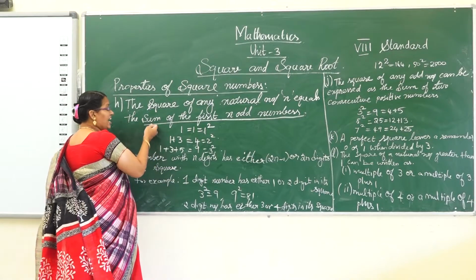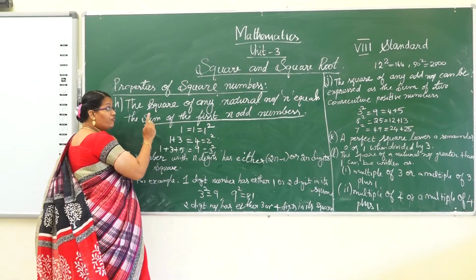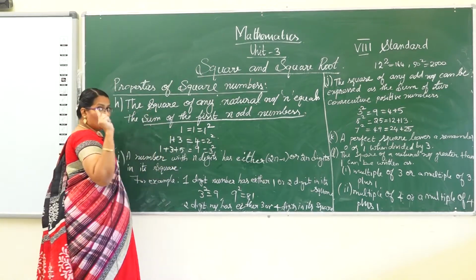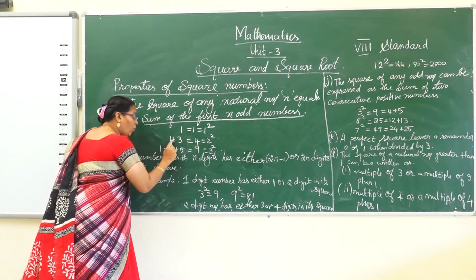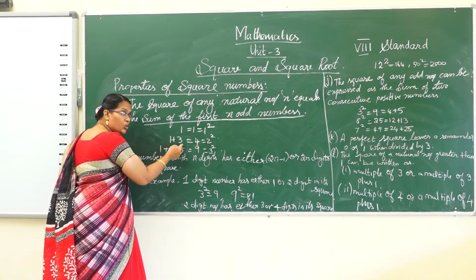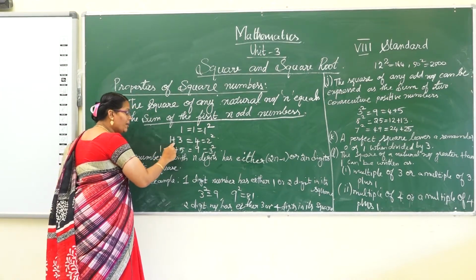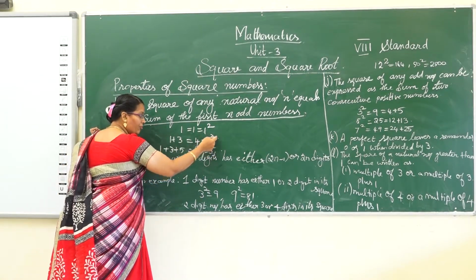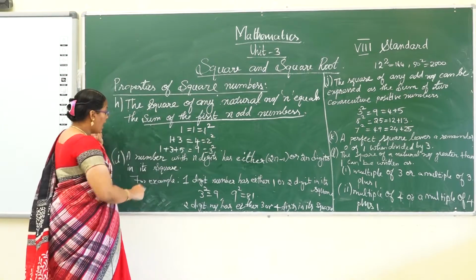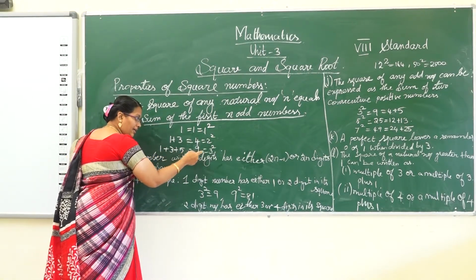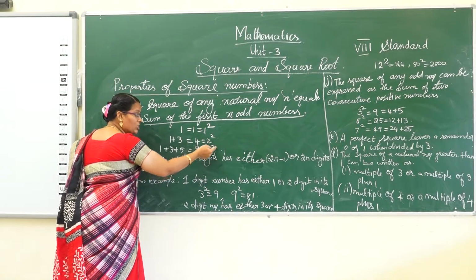Sum means addition of the first n odd numbers. The first odd number is 1, and for the first two odd numbers, 1 plus 3 is equal to 4, which can be written as 2 square. Then 1 plus 3 plus 5 is equal to 9, which is 3 square.